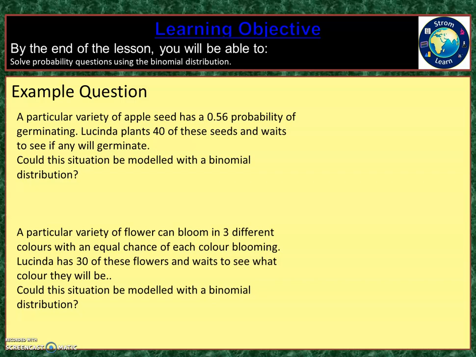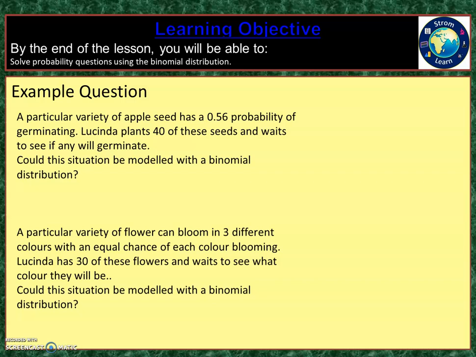So let's have a look at these two scenarios. A particular variety of apple seed has a 0.56 probability of germinating. Lucinda plants 40 of these seeds and waits to see if any will germinate. Could this situation be modelled with a binomial distribution? Well, let's consider those three things. Is there a binary choice? Well, yes, there is.